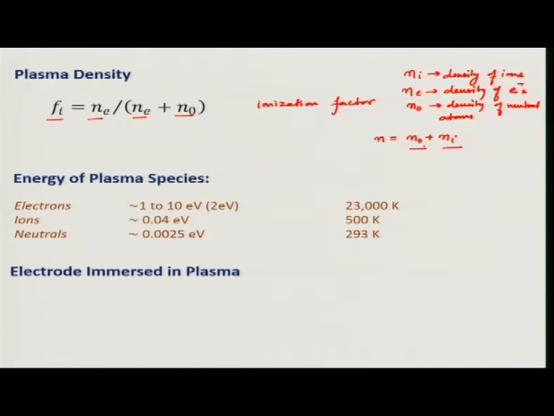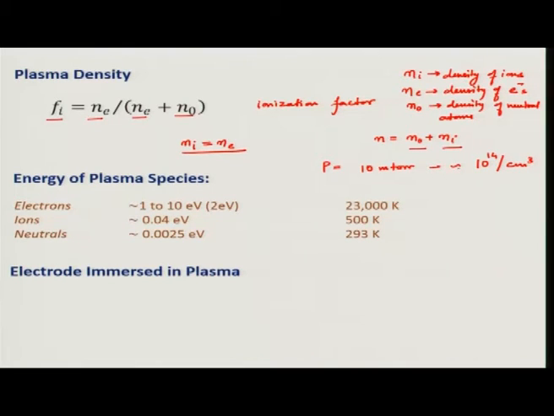And since the plasma has to remain charge neutral, we should also note that Ni should be equal to Ne, and that is why we have used this expression Ne rather than Ni over Ni plus N0. Now, to quantify it, say at a pressure of around 10 millitorr, the gas density is approximately 10 to the power 14 per centimeter cube.